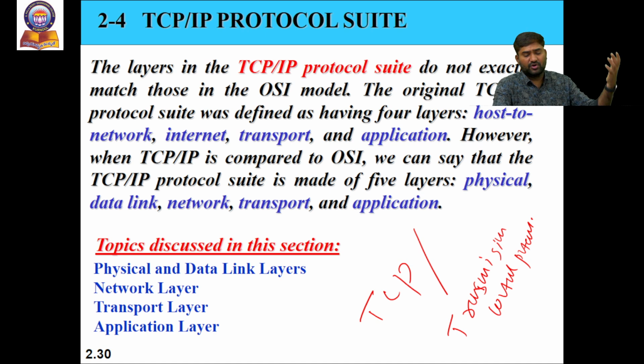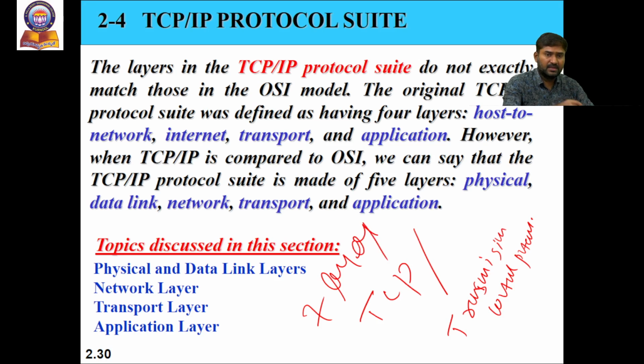In the OSI model, we see 7 layers. And coming to TCP, we see only 4 layers. That is the application layer, transport layer, network layer, and the physical and data link layers combined as one layer.